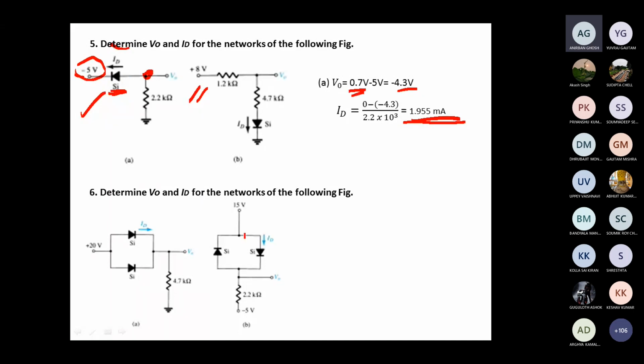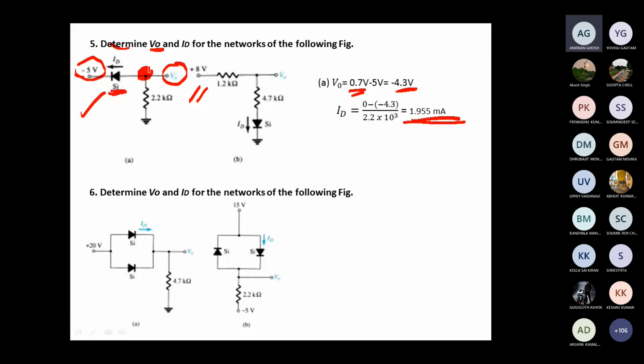That is the knee voltage. So 0.7 minus 5, that is the minus 4.3 volt across here. What is the voltage here? Because the question is what is the VO? VO means here. Yes, sir.